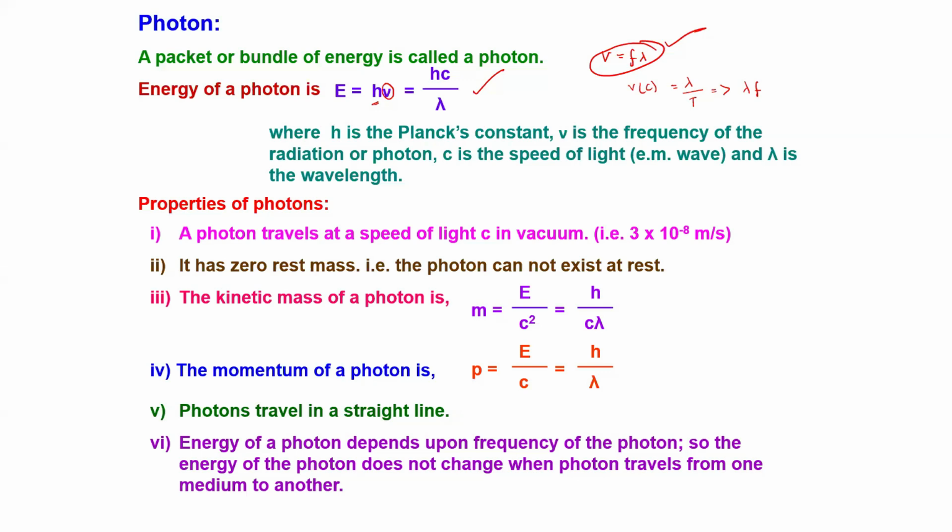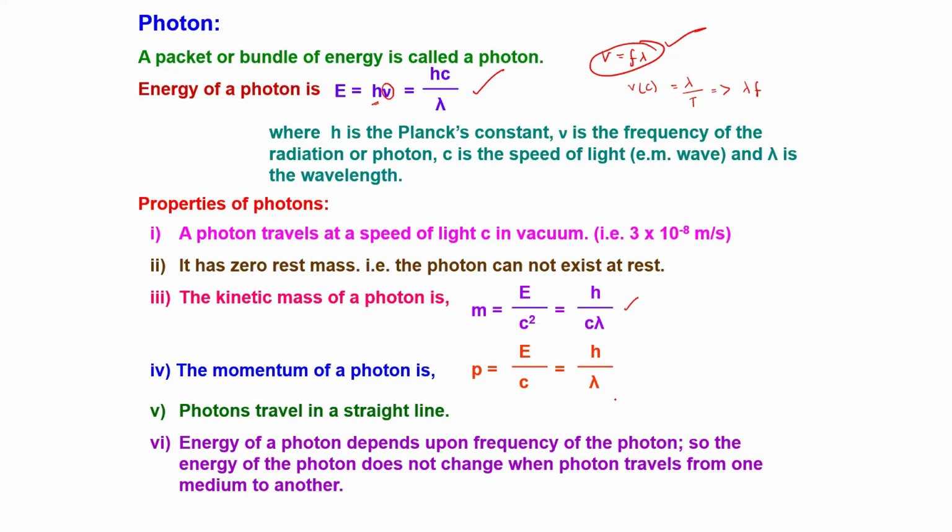Now, what are all the properties of a photon? It's known that photons travel with the speed of light in a vacuum and have zero rest mass, which means the photon cannot exist at a rest position. The energy of a photon is equal to hc divided by lambda, whereas the momentum can be written as h divided by lambda.